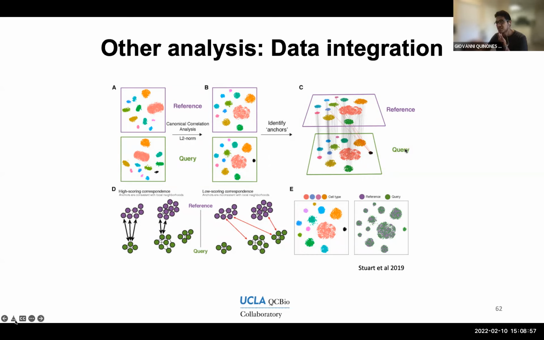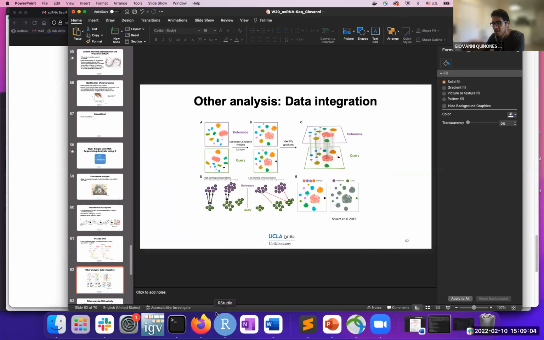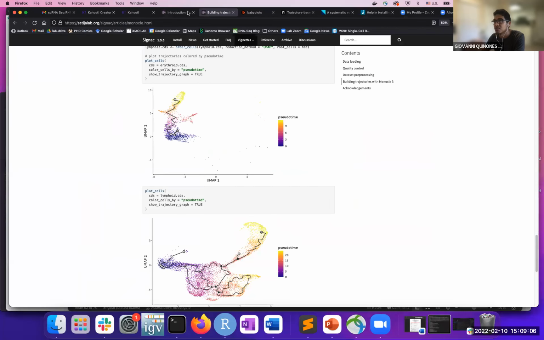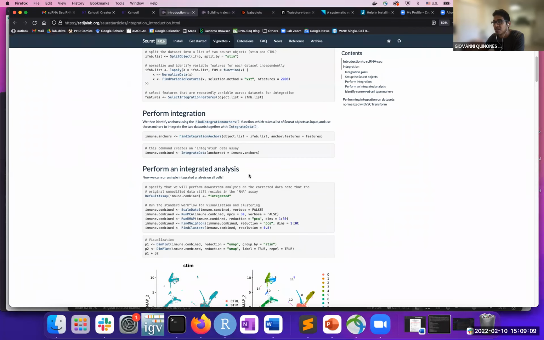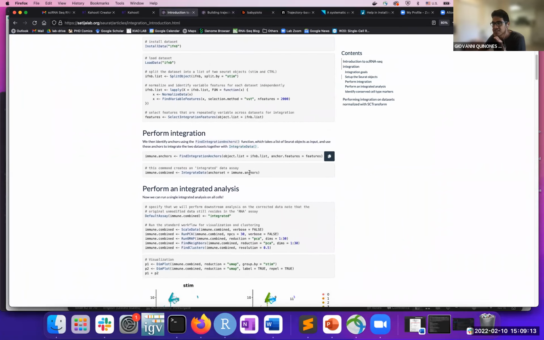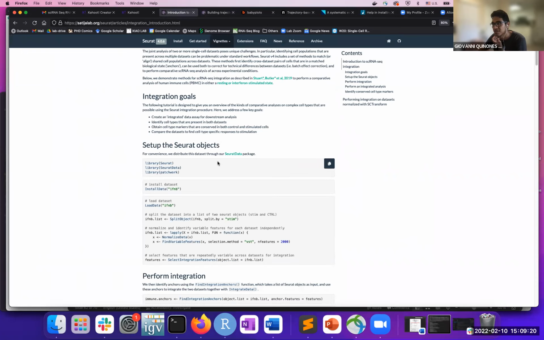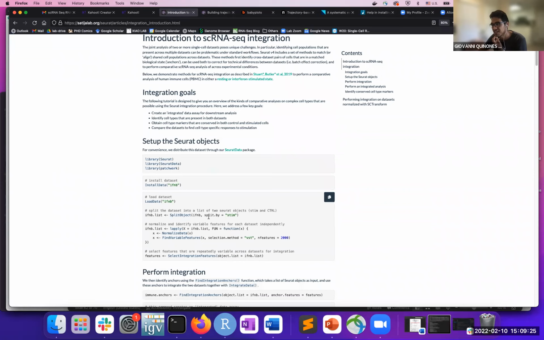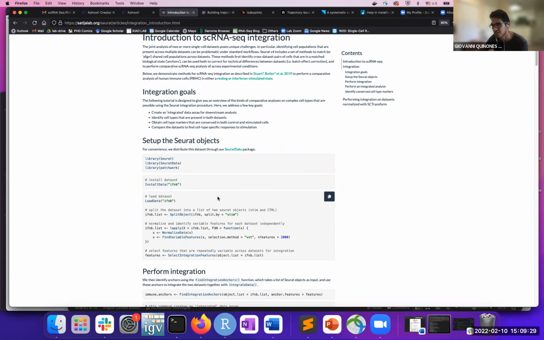Yeah, so I think this is enough to motivate. It's probably not necessary to go through all these details, but I also wanted to show you how Seurat has the option to integrate different data sets. And in this tutorial, they're actually starting from one data set and then splitting it into two different ones. So you have two samples.